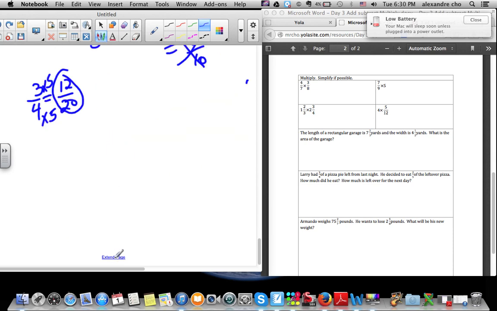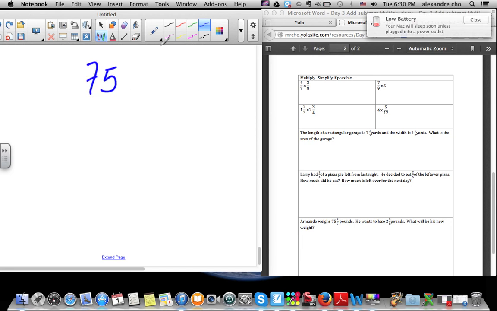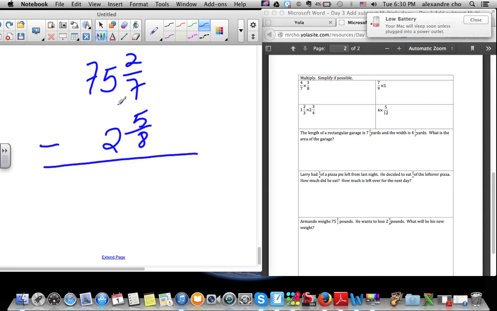Okay. Mondo weighs 75 and 2/7 of a pound, and he wants to lose 2 5/8 of a pound. What's going to be his new weight? Well, let's see.